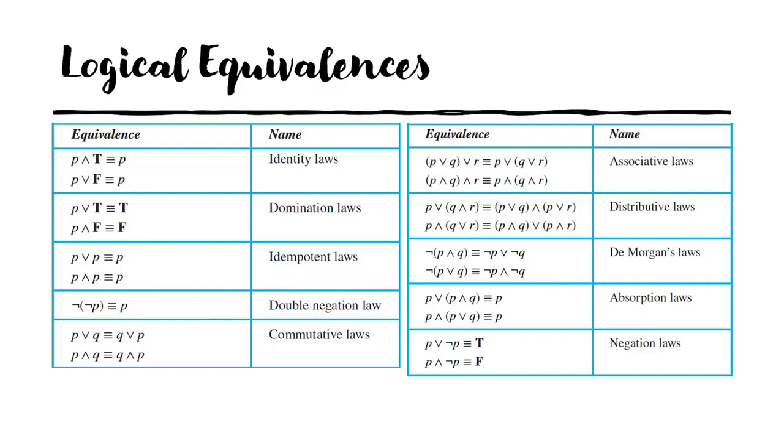And when we have P or Q and Q or P, they are equivalent. So this is the commutative law. So P or Q is the same as saying Q or P. Same thing with P and Q and Q and P. The order doesn't matter.